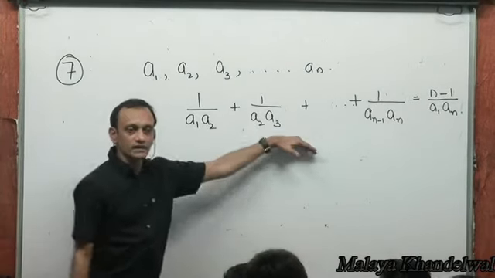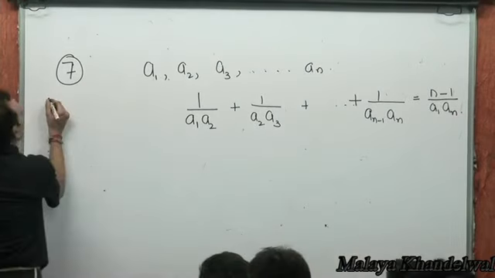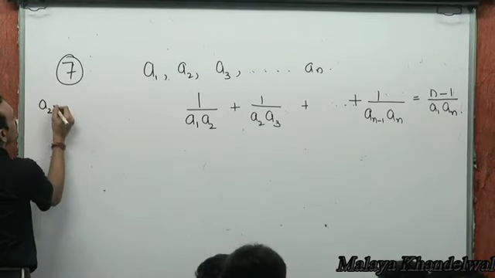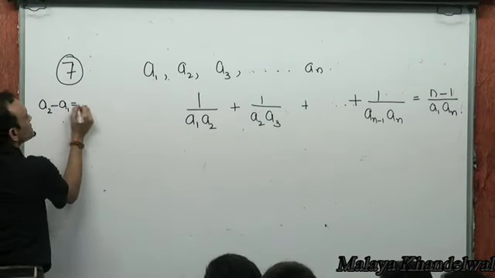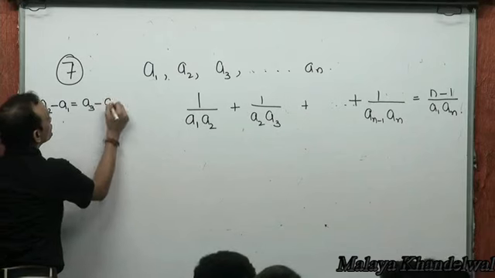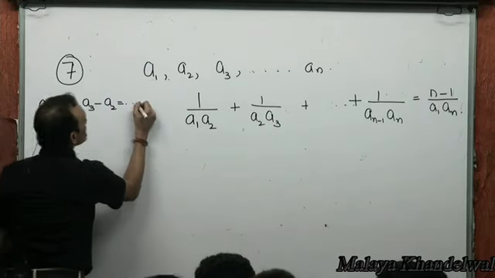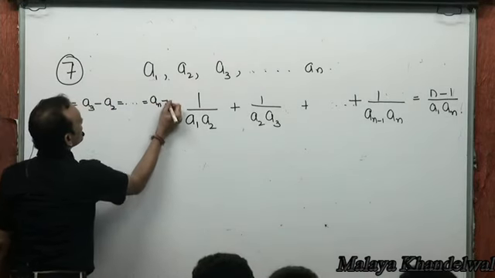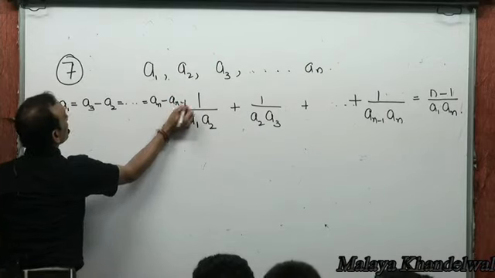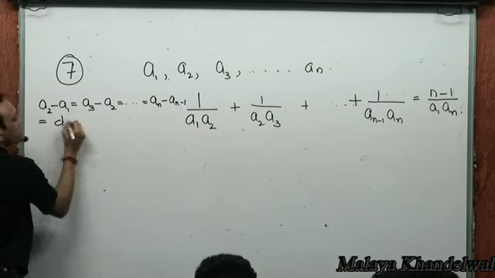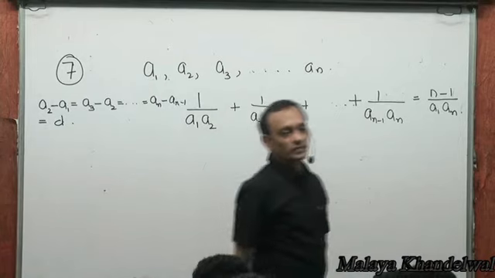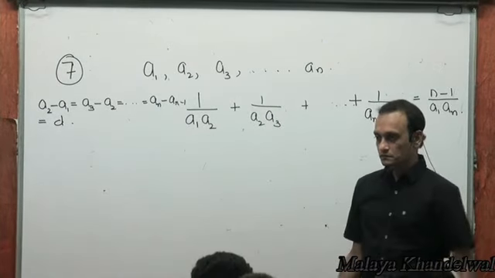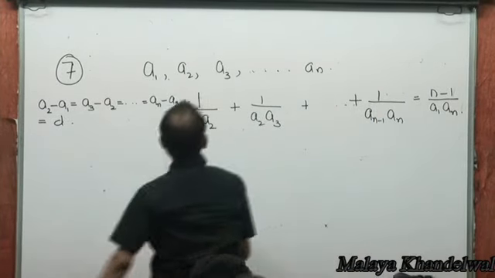Just look at the left hand side. Do you realize if it's an AP, it means A2 minus A1 must be the same as A3 minus A2, must be the same as AN minus A(N minus 1), and each of these will be equal to the common difference D of the AP. This is what it means. Now look at this.